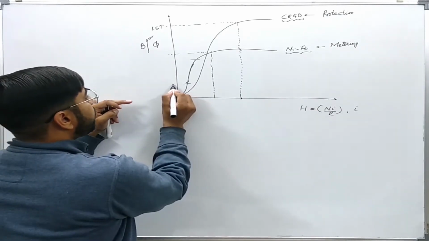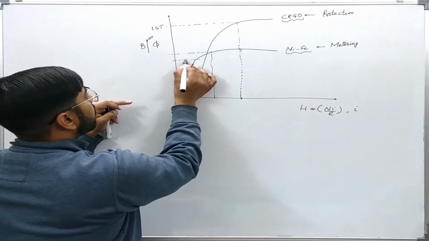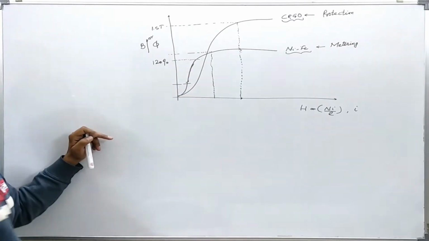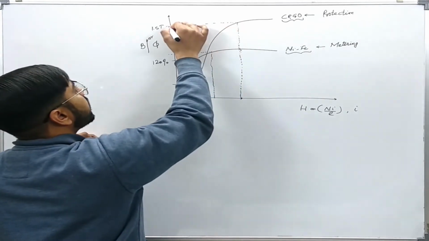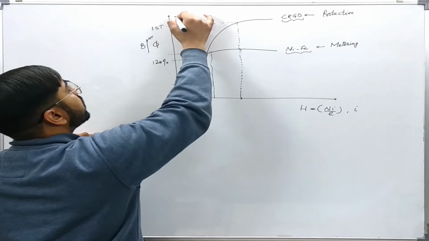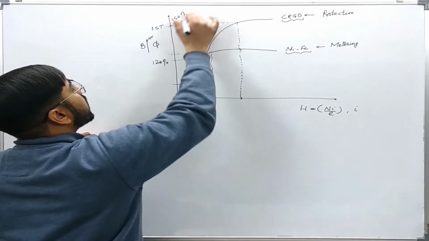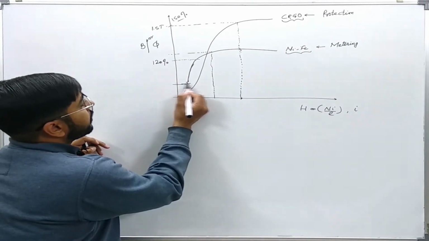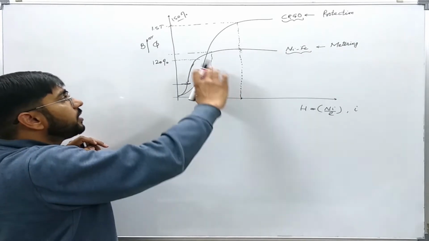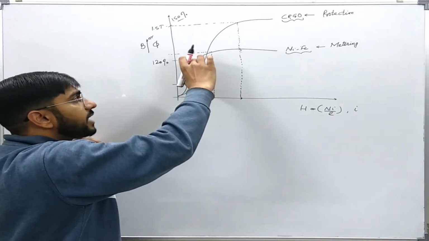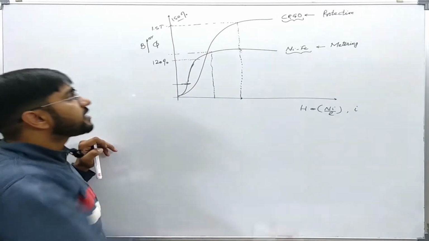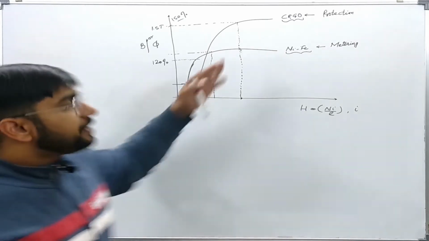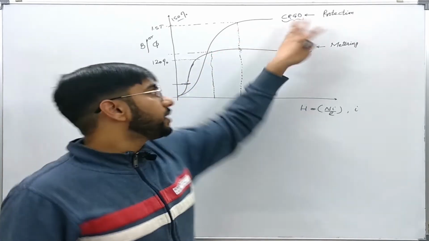This is usually from, let us say, up to 120% of the full load current, and this is up to, let us say, more than 50 times, or 150% or higher than that. So you see that at a lower level of current, this will be more faithful in transforming the current levels as compared to the CRGO.